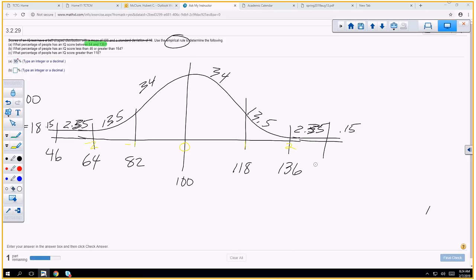Somebody check it. Okay, so let's take our highlighter, which is going to be blue, and we'll do 46 to 136. All right, take your handy dandy calculator and add all those percentages up.